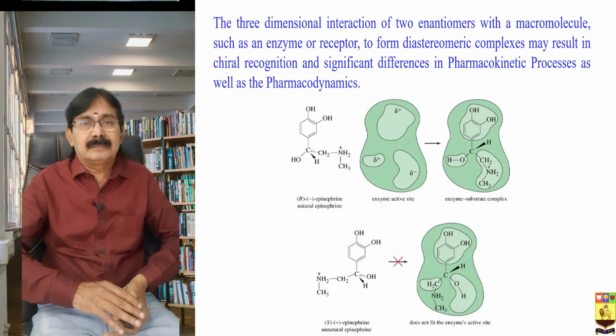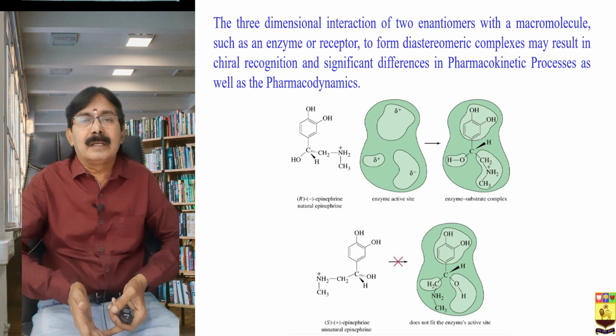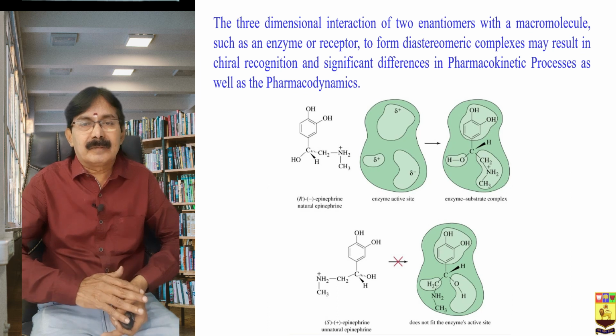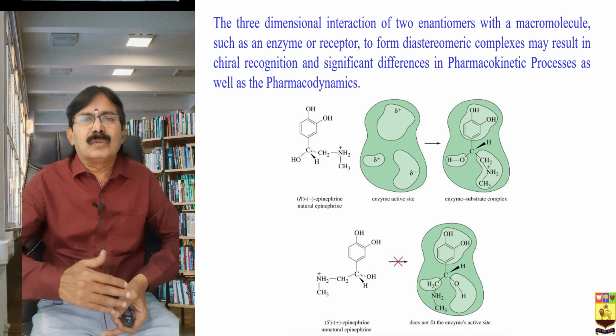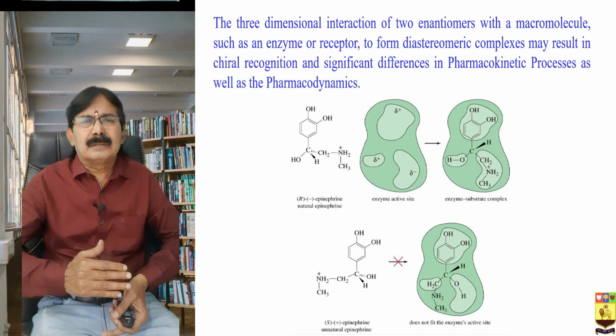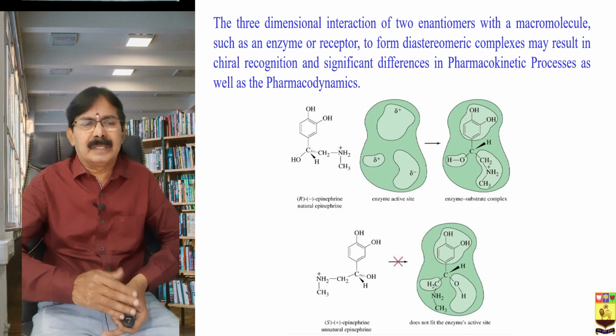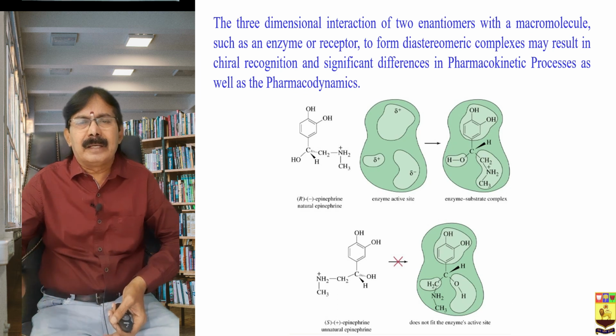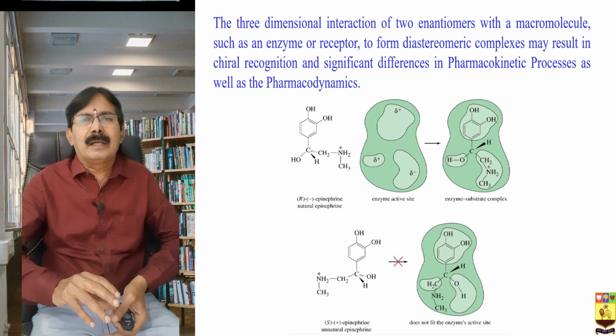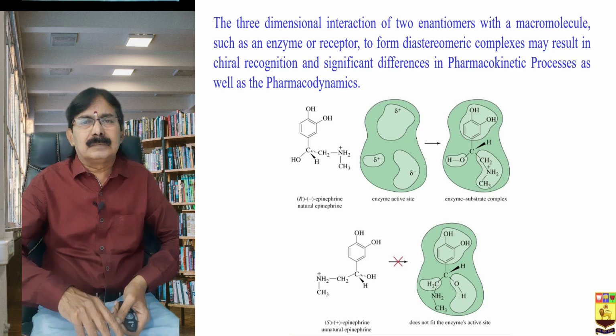God is great, because the human being, the biological system, the entire world is created by God. In our body, thousands and thousands of chemical reactions are going on. They are regulated by the enzymes. So among the two isomers, only one isomer can react with the enzyme. The other isomer could not.